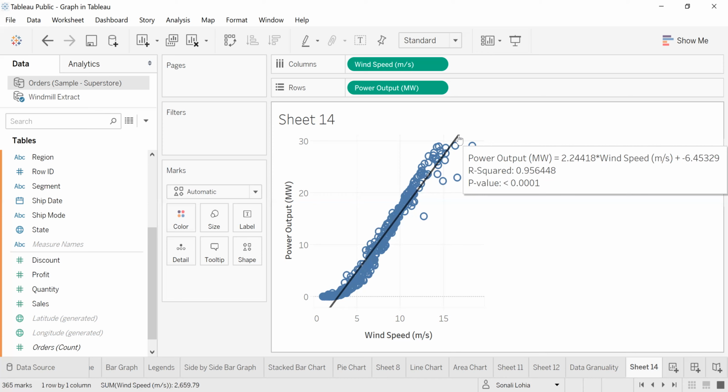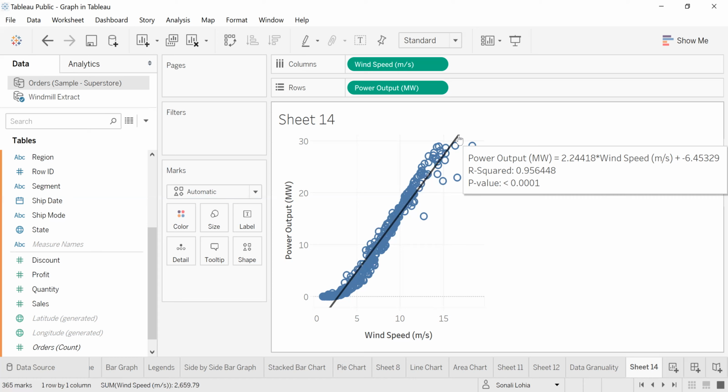So what is the slope here? Can you see on hover a tooltip is coming up? Power equals mx, like the value in front is one constant, into wind speed, plus c. So y = mx + c. Can you understand this equation here? Yes. Power output is y, equal to the integer or floating value shown in front of the wind speed, along with the wind speed, that is slope m.